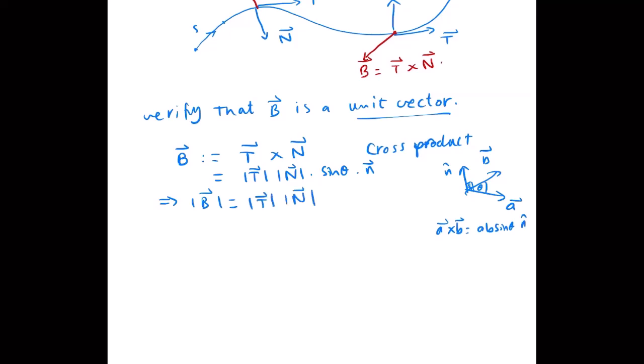But the angle between T and N, we know T and N have a 90-degree angle in between. So it's sine 90, which is 1. And the magnitude of T is 1, it's a unit tangent vector. And N is again 1 by definition, you know.